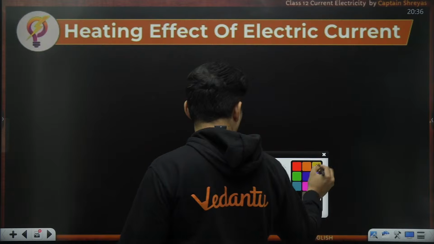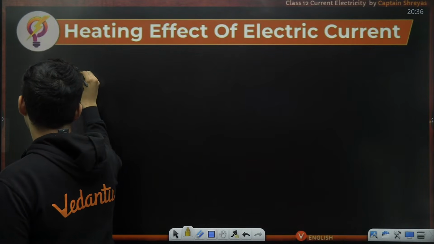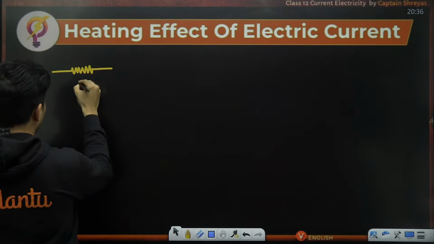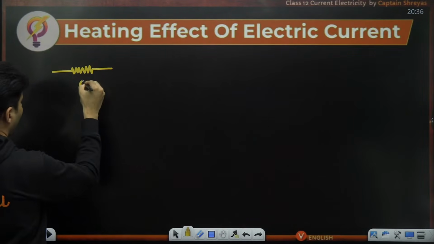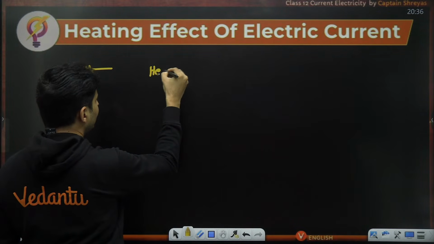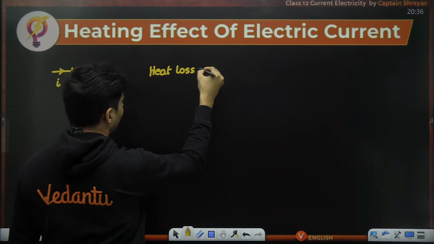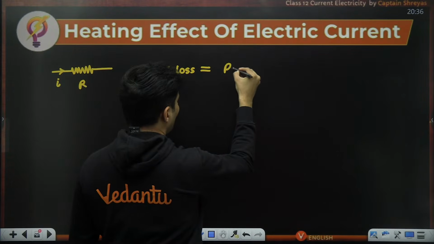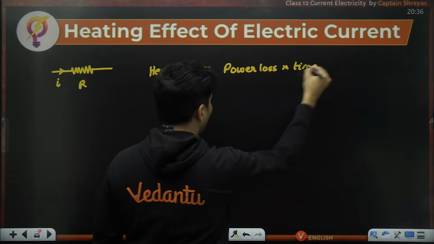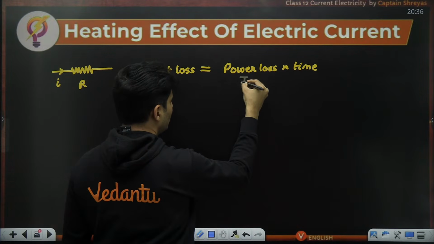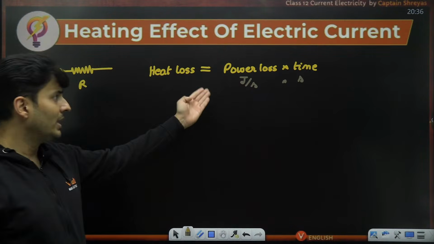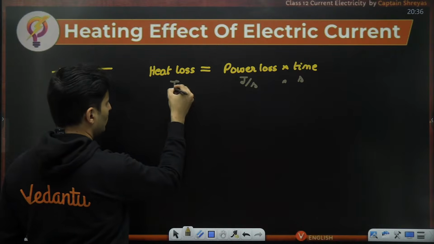If there is some resistance like this, and some current flows through it, then the heat which is lost in that resistance will be the power loss multiplied by the time, because power loss is how many joules are lost per second. If you multiply it by the seconds, the answer will be in joules.